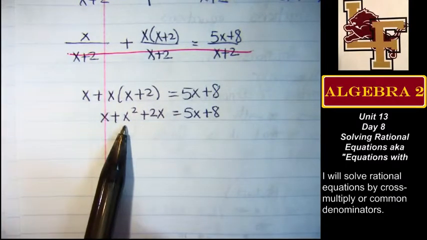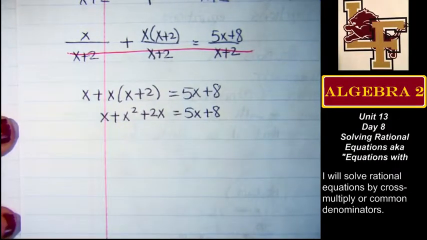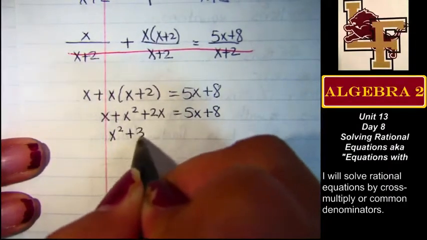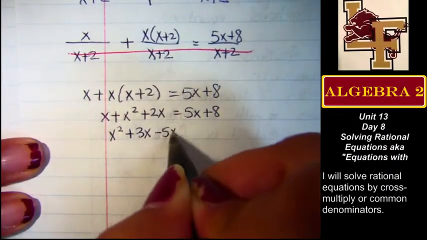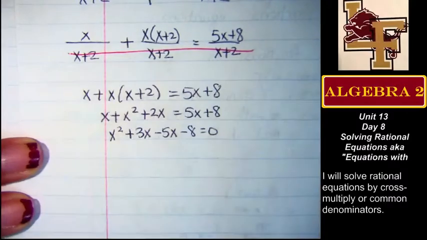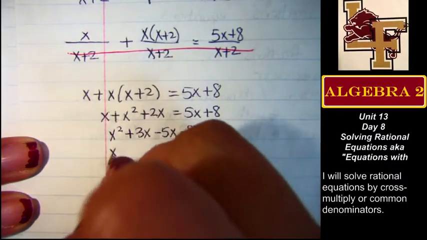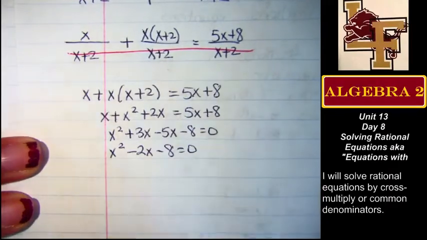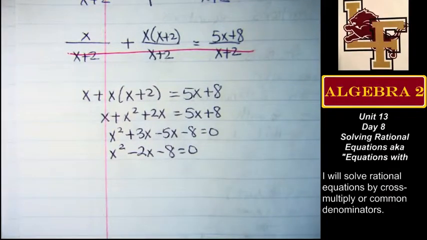I have an x squared. So I'm going to collect everything to one side and leave the other side as 0. I'm going to combine like terms. It's a quadratic equation, it equals 0.